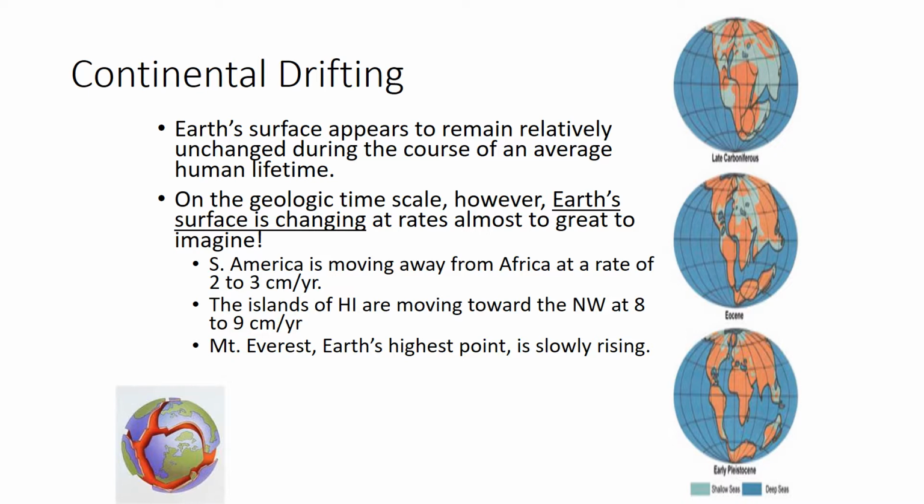So we know that South America is moving away from Africa at about 2 to 3 centimeters per year. And the islands of Hawaii are moving northwest at 8 to 9 centimeters a year. And then Mount Everest, Earth's highest point, continues to rise. We also know that the valleys surrounding Everest are rising at an even faster rate than Everest is rising, but they're still rising.